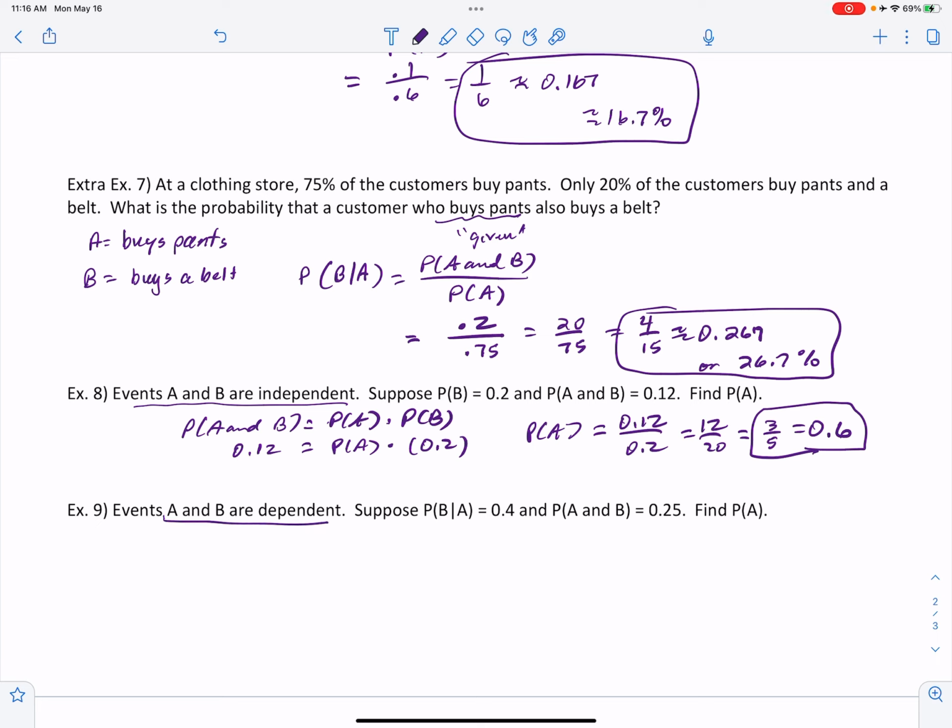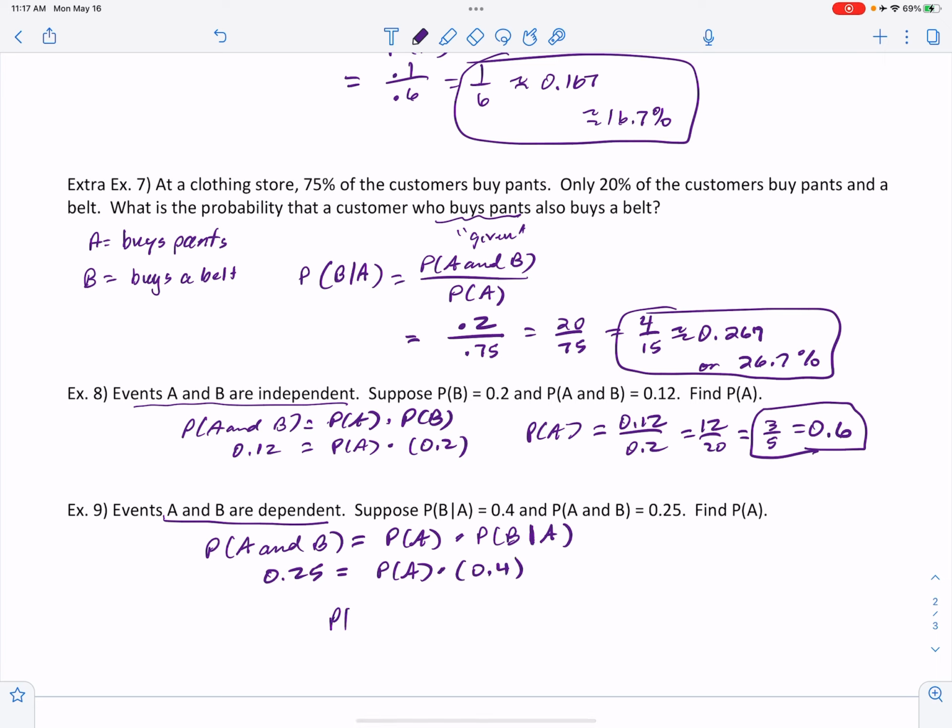And they tell you that this probability is 0.25 and ask you to find the probability of A. And this is 0.4. So that probability of A is going to be 0.25 divided by 0.4, or 25 over 40, which is 5/8, which is 0.625.